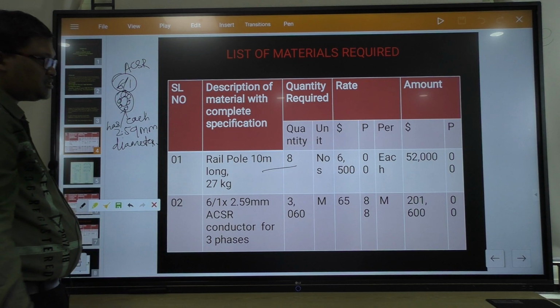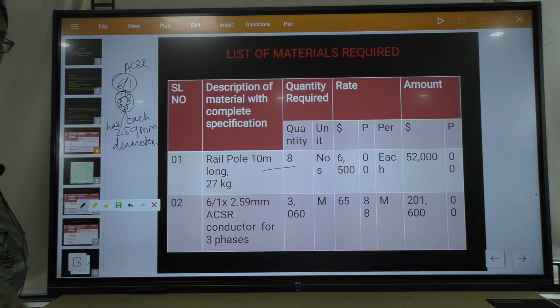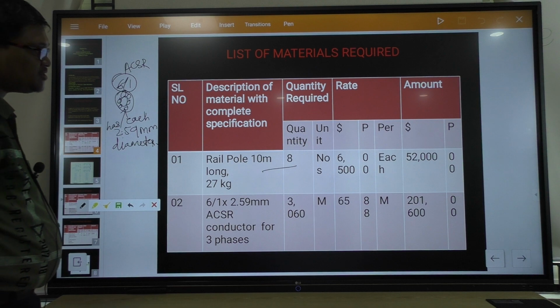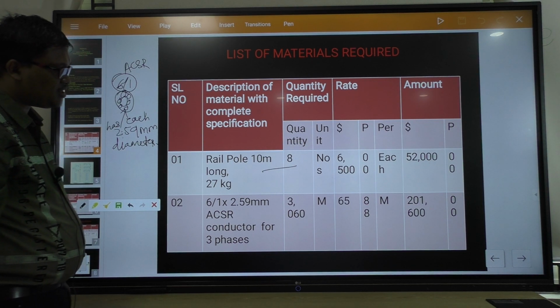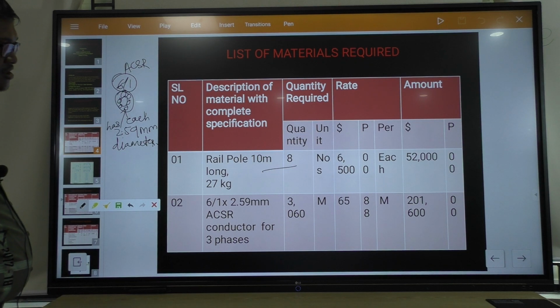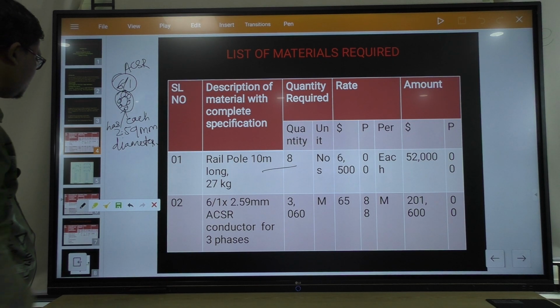The cost varies from company to company and from time to time. For the time being it is given as 65 rupees per meter, and we require 3060 meters in total, it is around 2,01,600 rupees.